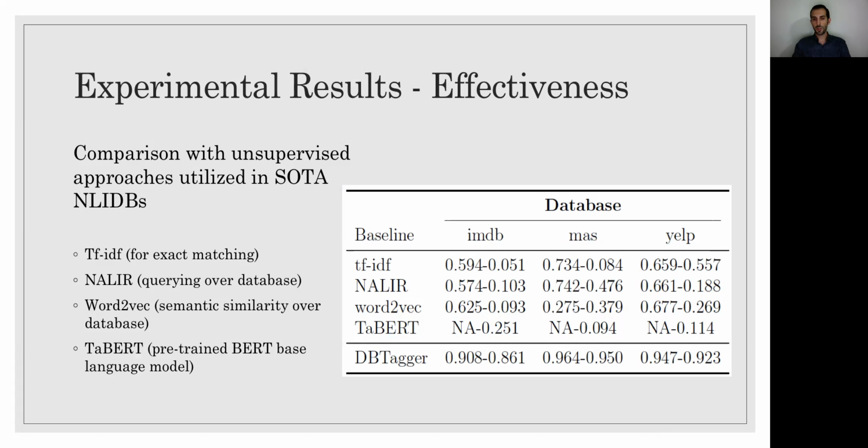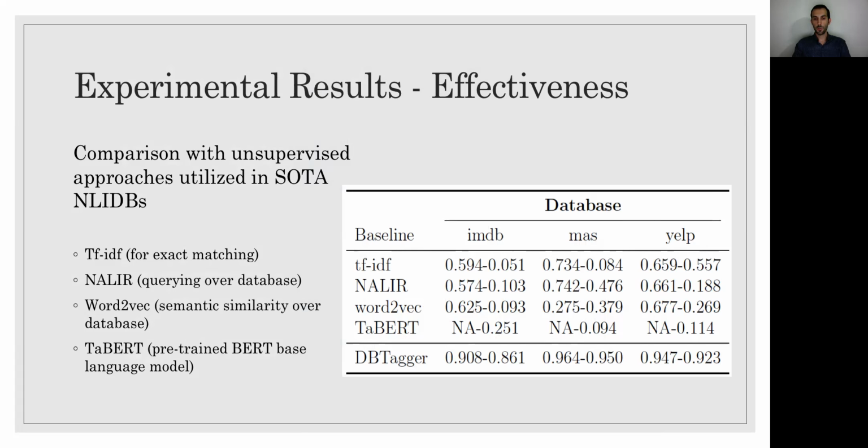You can also see that some of the approaches perform reasonably in a particular data set. However, they can fail in other data sets, such as NLIR. On the other hand, DBTagger consistently performs well for all of the data sets and for both tasks.